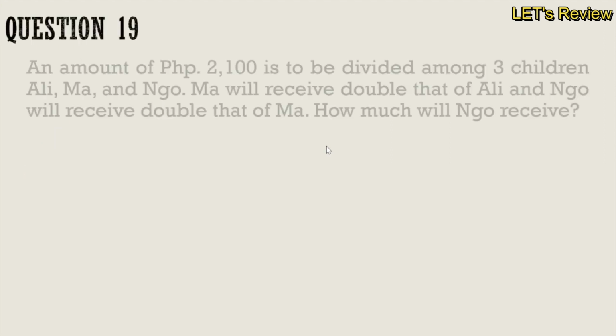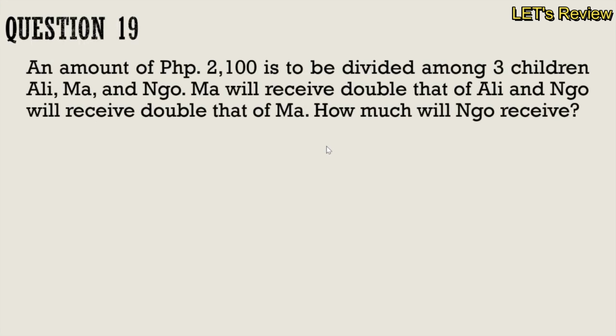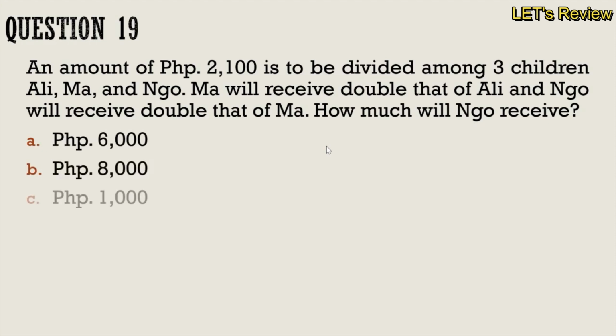Question 19. An amount of 2,100 pesos is to be divided among 3 children, Ali, Ma, and Ngo. Ma will receive double that of Ali, and Ngo will receive double that of Ma. How much will Ngo receive? A. 6,000 pesos. B. 8,000 pesos.